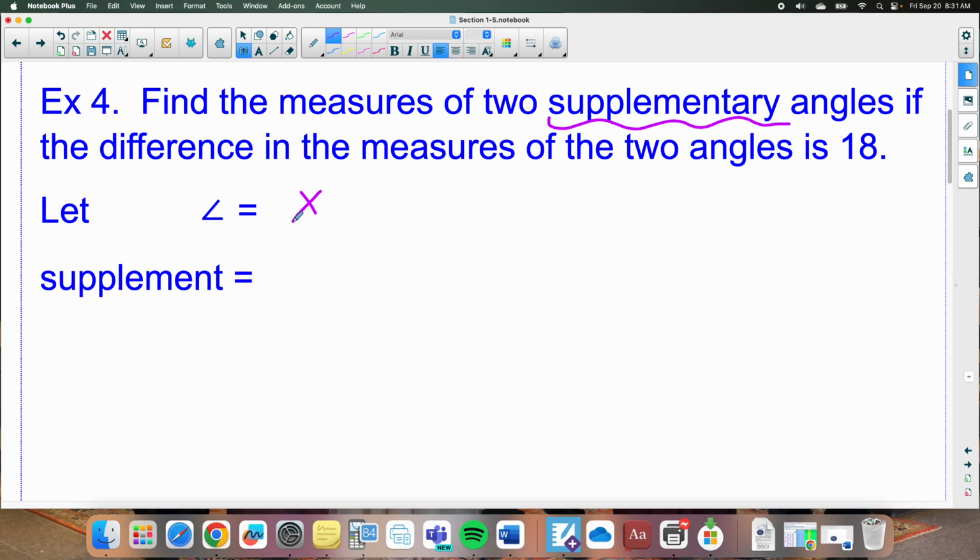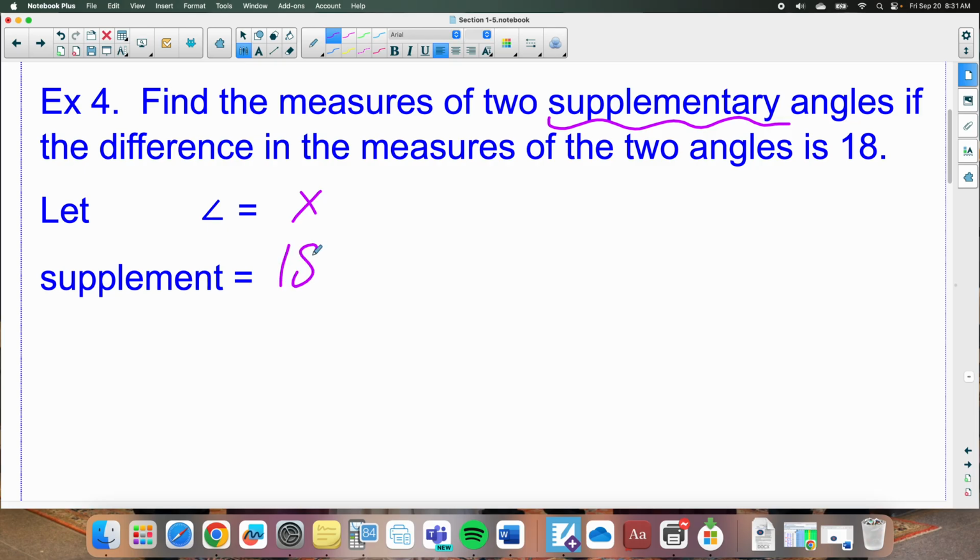What if I told you your angle was X? What do you think you would do then? If it was 40, we'd go 180 minus 40. What if it's X? 180 minus X, okay?